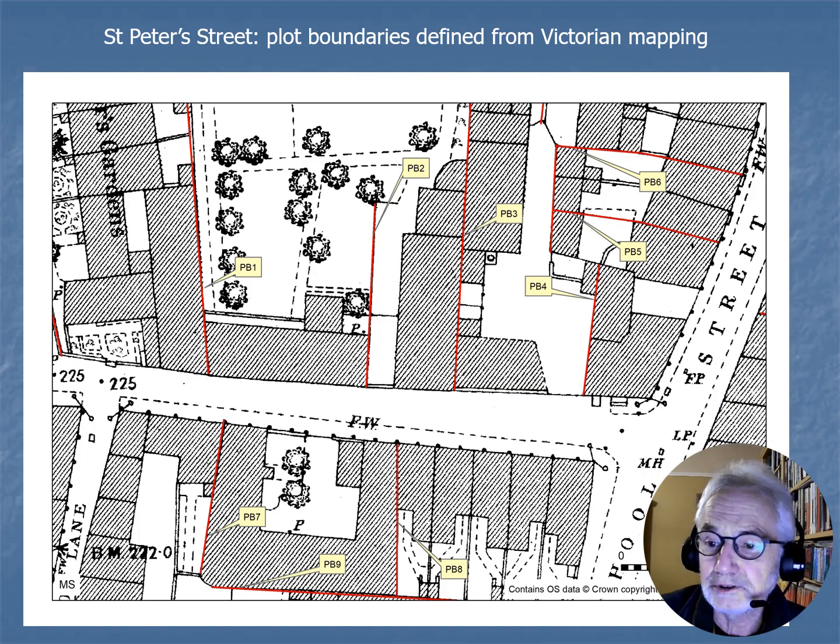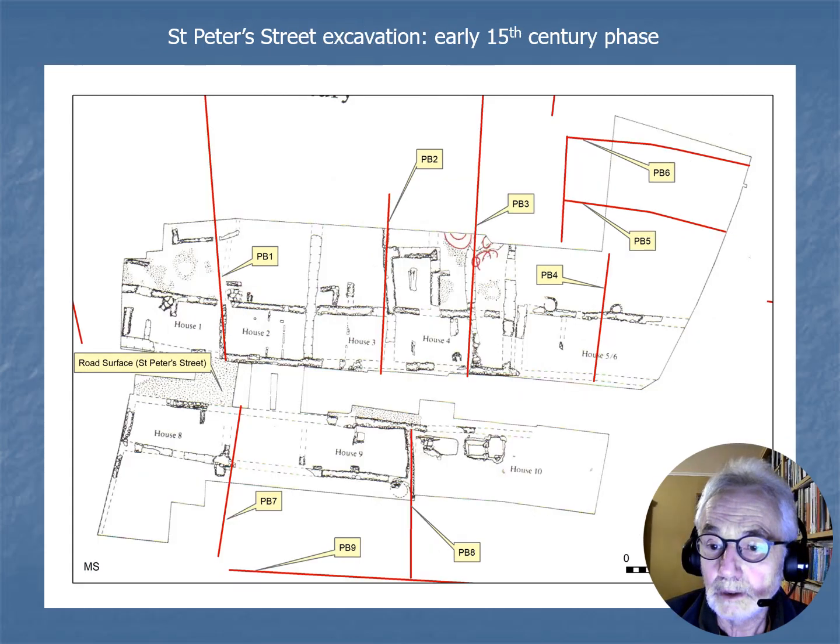Here we see, shown in red, the major plot boundaries for the area of the St. Peter Street excavation, as defined from the earliest detailed mapping available, the Ordnance Survey 1 to 500 scale mapping of the 1880s. This slide shows these major plot boundaries overlaid on the excavation plan of the early 15th century phase of the site.